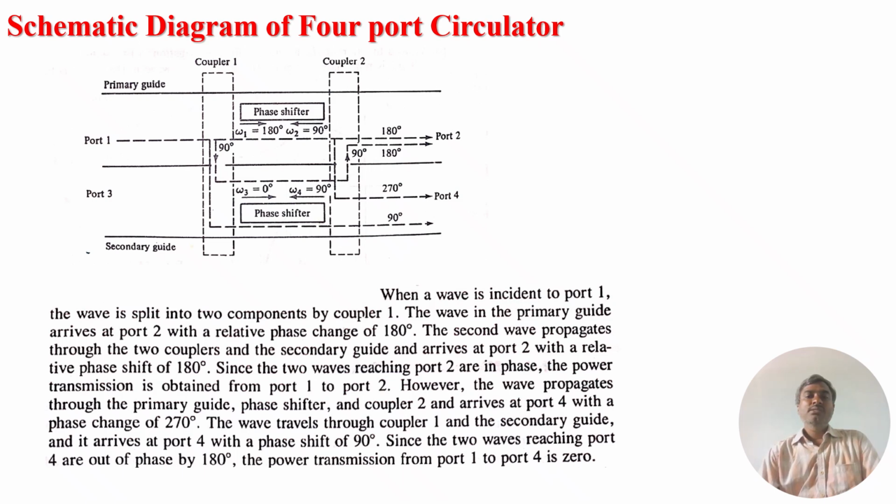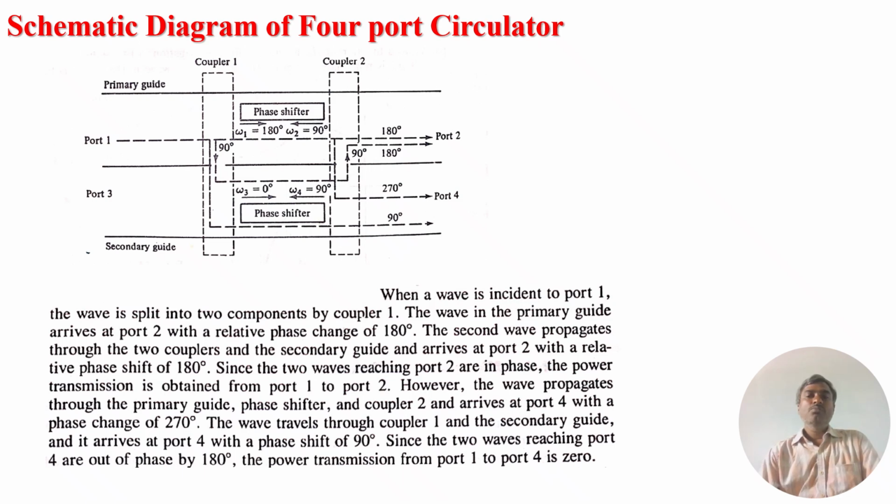One is it travels through only the main waveguide, and the second is it travels from the main waveguide to the secondary waveguide, travels in the secondary waveguide itself, and through the second slot it crosses from the secondary waveguide to the primary waveguide. There are two signals available at port 2. Each signal has a 180-degree phase shift, so both the signals are added together and we get the output at port 2.